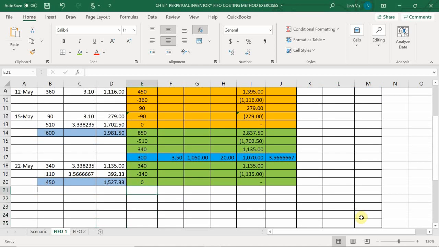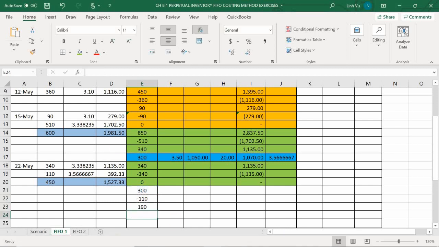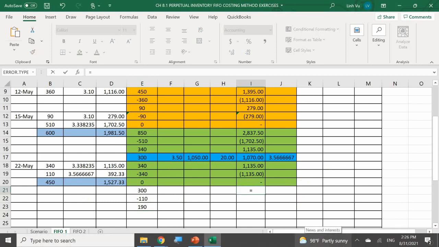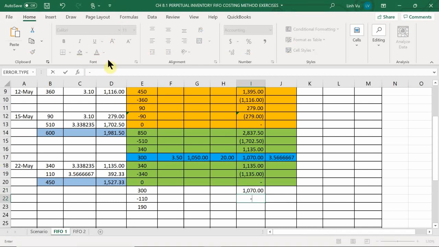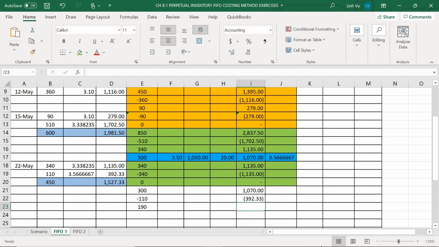So then I'm going to carry this blue batch down and eliminate 110 from there. I should now have a remaining 190, right? 300 minus 110 gives you 190. Now I'm going to take my 1070, because that's how much my 300 was, and subtract out 392.33.